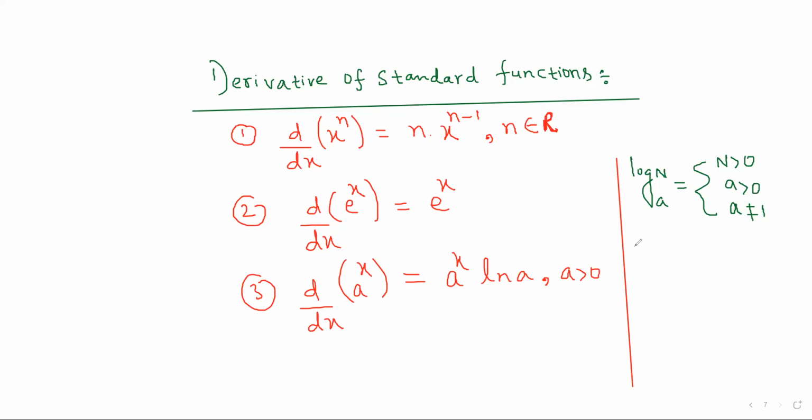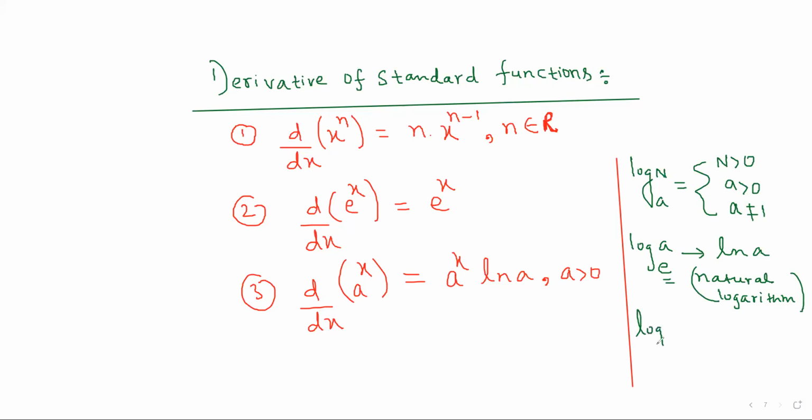And my dear friends, log a base e is, in short, ln a. And this is called, beta, the log which has base e is called natural logarithm.